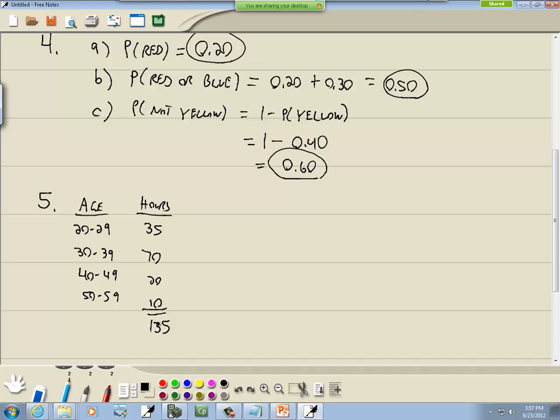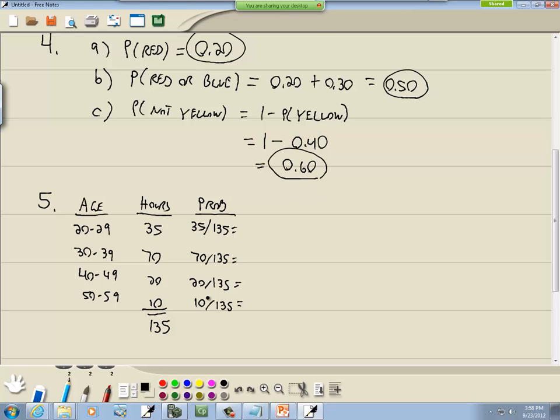Okay. So then for our probability, we're going to take each one of these amounts: 35 divided by 135, 70 divided by 135, 20 divided by 135, and 10 divided by 135.